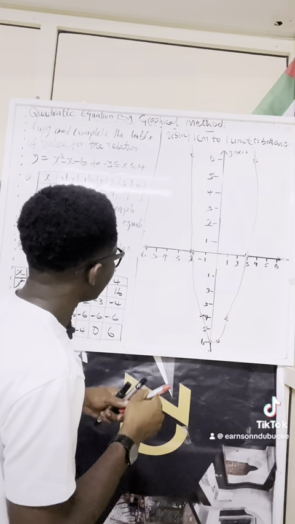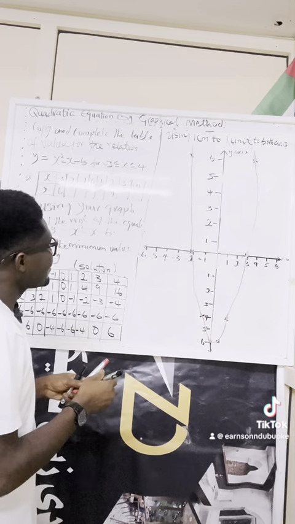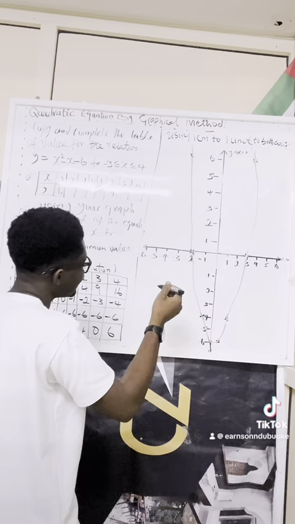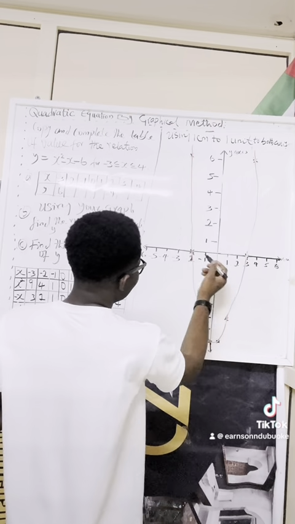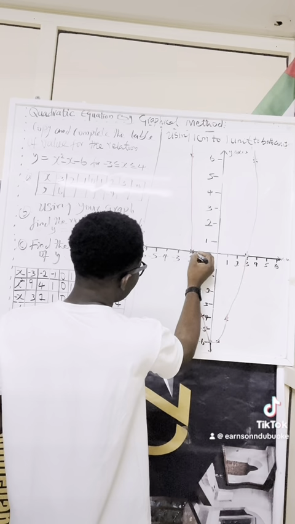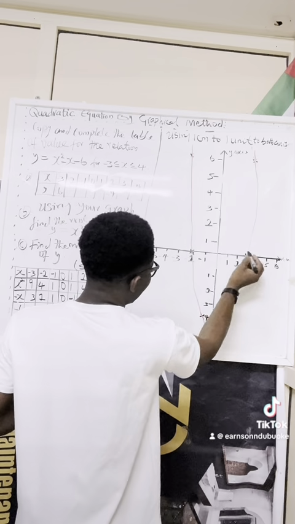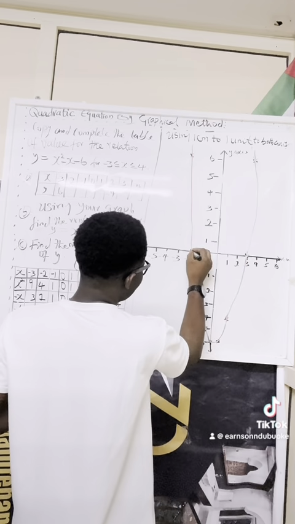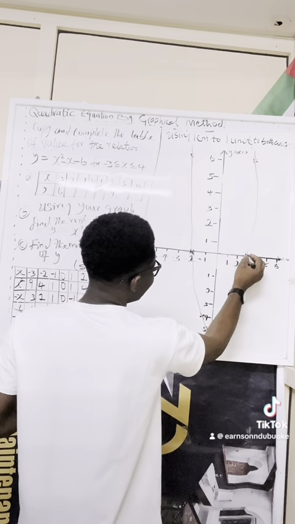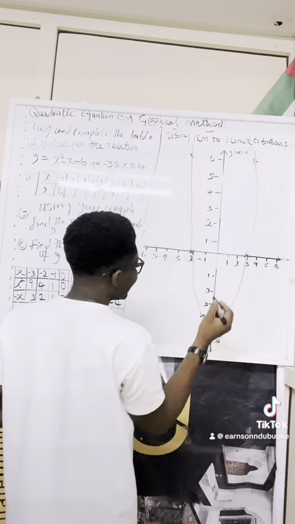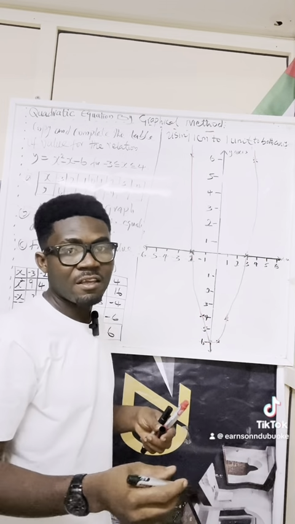So here now, you find out that this curve, or the parabola, touches at 2 points, at 2 intersections of the x-axis, at minus 2 and positive 3. At these points, this parabola or curve intersects with the x-axis at the roots of the equation.